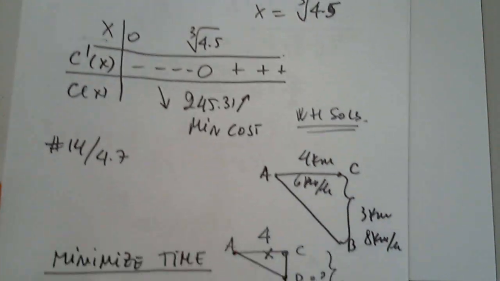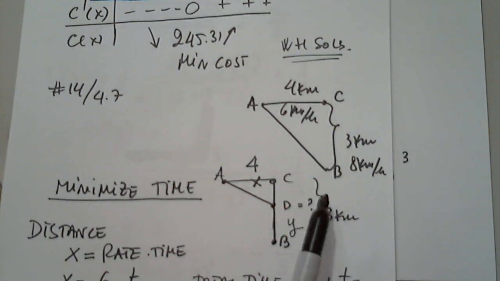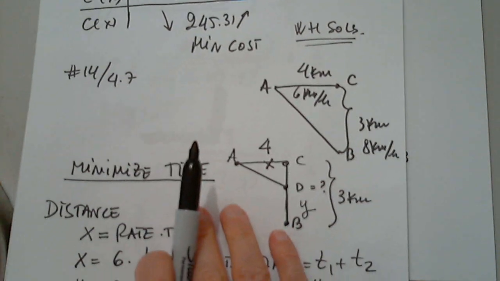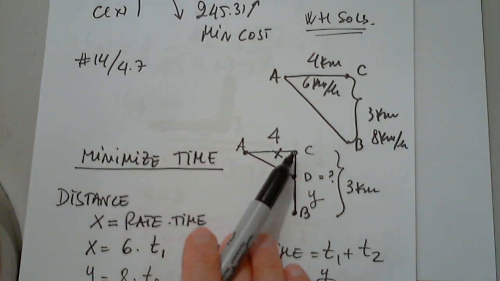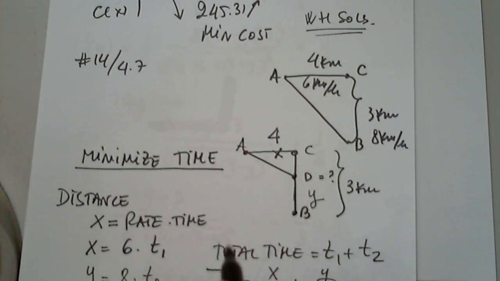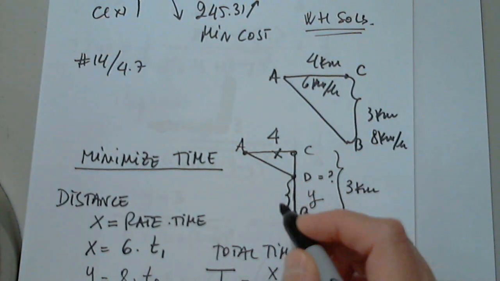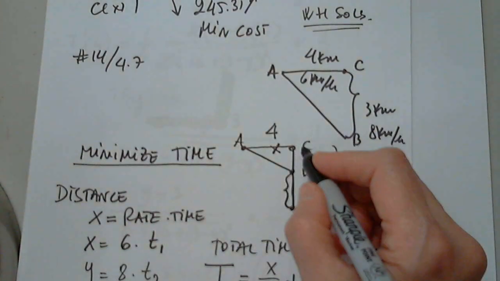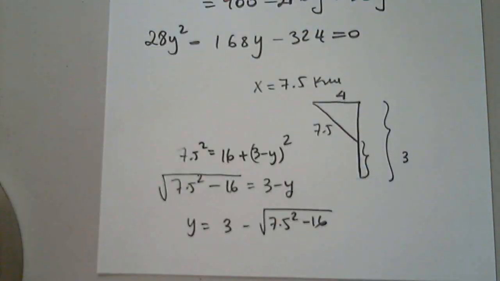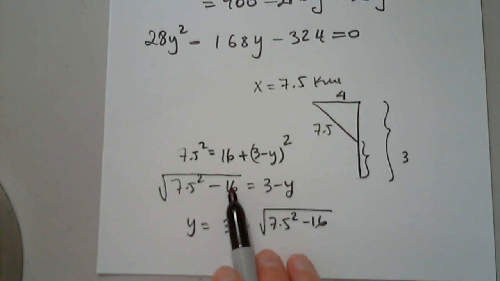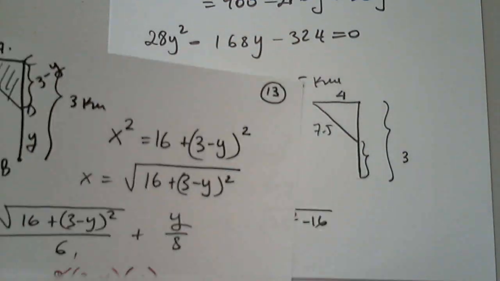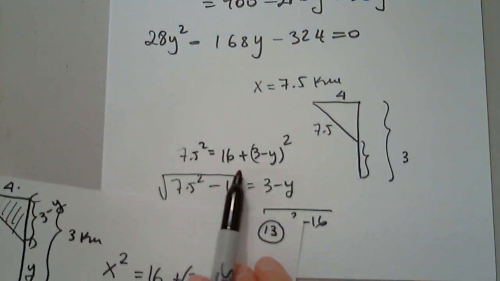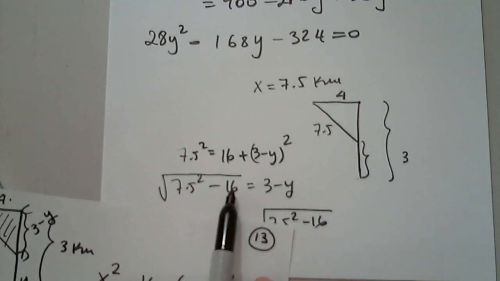Okay. So the problem is asking for the final measurement as the kilometers from C. I don't know if that makes a difference. I guess that is your y there. No, my y is this. I know it's asking from this, but I can't have a negative number. So 7.5 squared equals 16 plus 3 minus y squared.